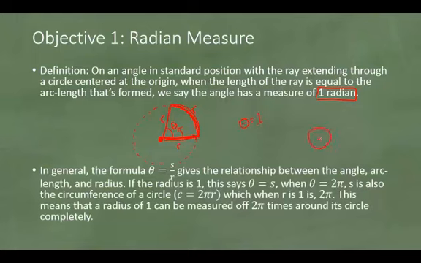If we have a smaller r, when that r is equal to the arc length, that theta is still the same, still equal to 1. Whenever you travel another r, that theta will equal 2, and so on. Whenever you travel another r, that theta will equal 3.